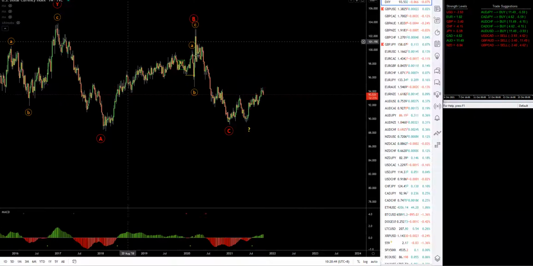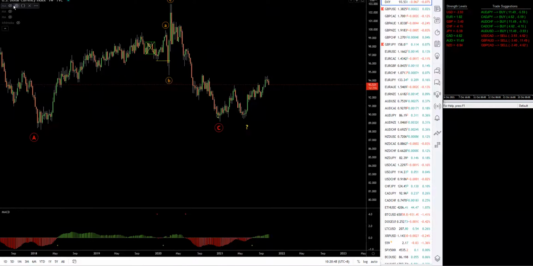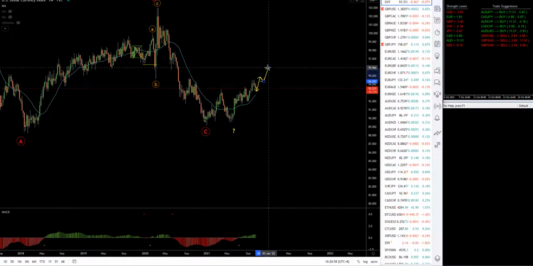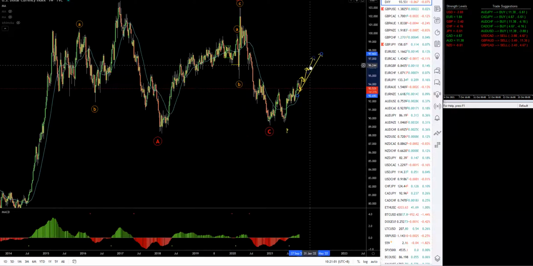I'm going to remove this. So what you want is the DEX to get stronger. And I put on a moving average. If the DEX could maintain itself, and if this is an impulse, it's going to stay above the 20. When there's a correction, it stays below the 20; in an impulse, it stays above the 20.